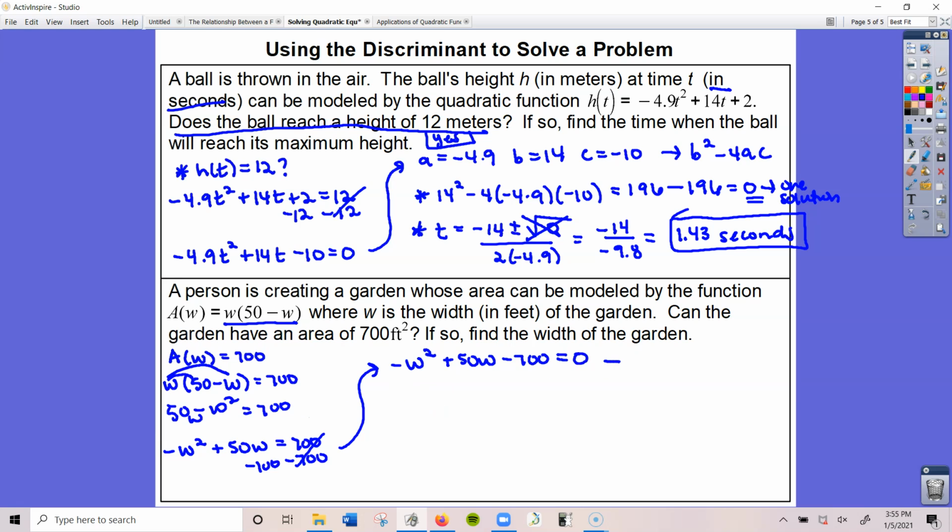So in this case, a is equal to negative 1, b is equal to 50, and c is equal to negative 700. Now I plug it into my discriminant, which is b squared minus 4ac. So 50 squared minus 4 times a, which is negative 1, times c, which is negative 700. 50 squared is 2,500.